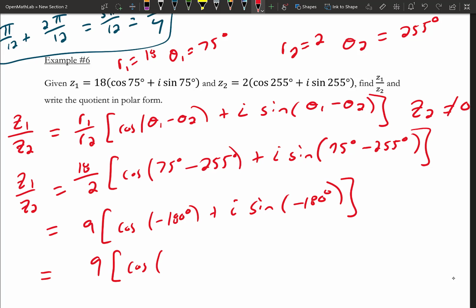So this would be the same thing as 9 times cosine of 180 degrees plus i times sine of 180 degrees. Just as I mentioned before, when we talked about polar form, we typically write theta between 0 and 2 pi or 0 and 360 degrees. So that's the quotient.